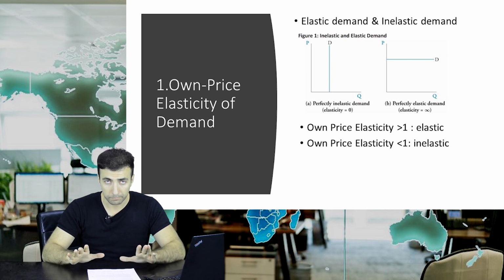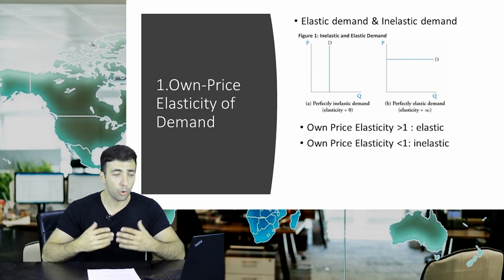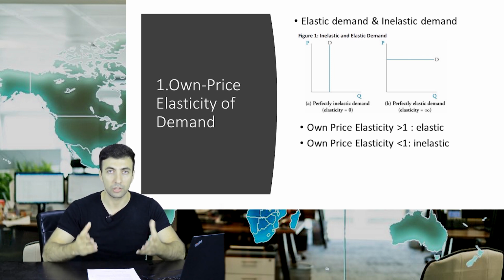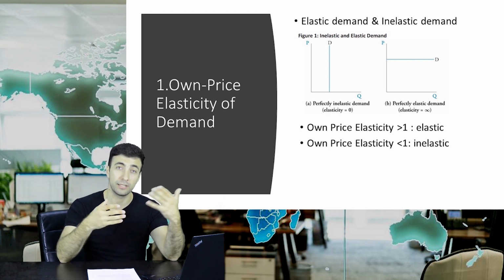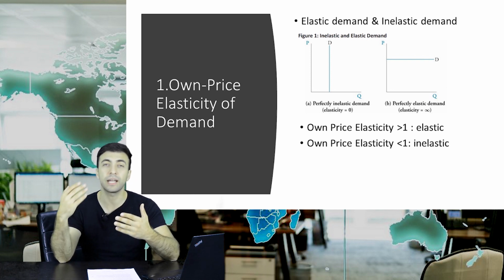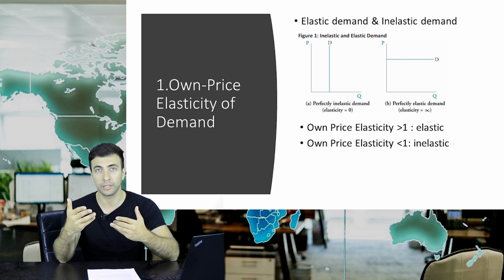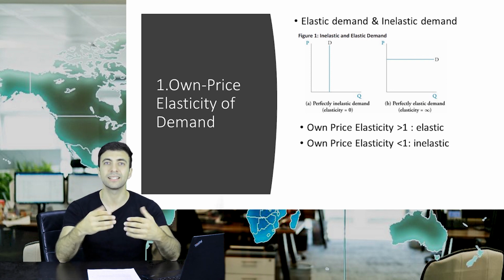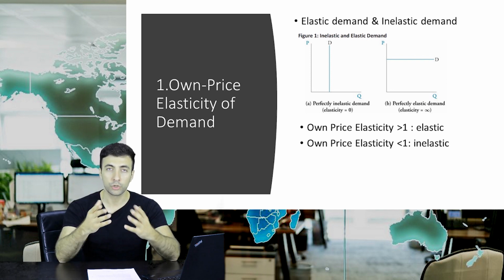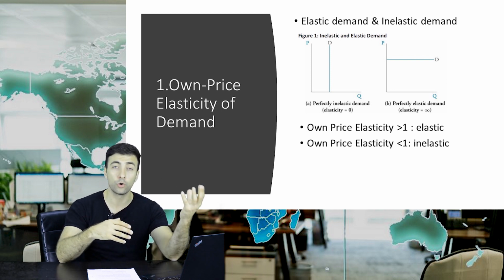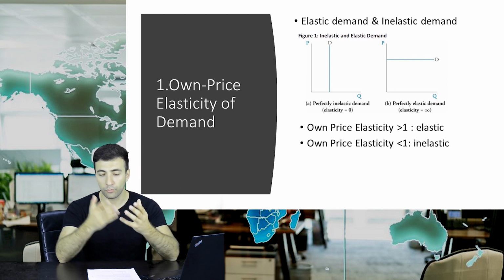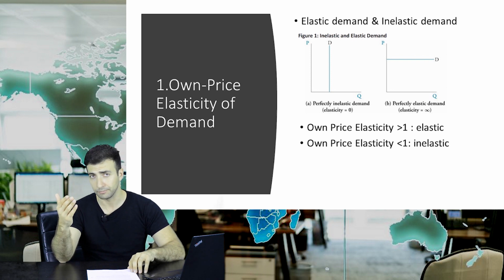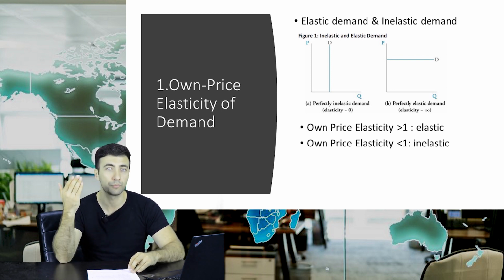So in conclusion, just remember that if the absolute value of own price elasticity is greater than 1, we call that the demand curve is elastic. So let's recall the formula of the elasticity. Formula of the elasticity is the percentage change of demand divided by percentage change of price.